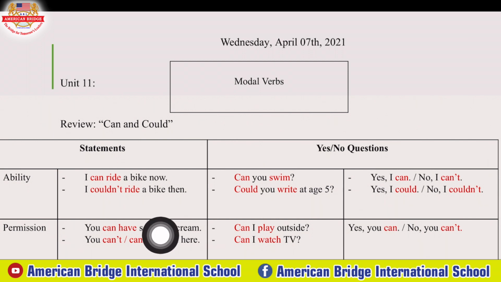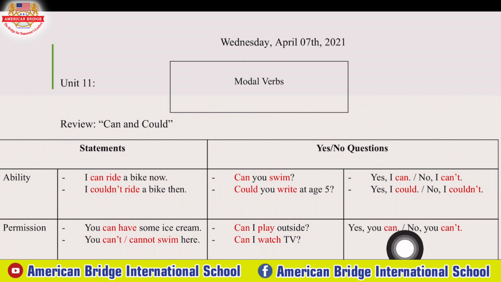And how about can and could for permission? If you want to give permission or ask for permission, you can use the word can as well. You can have some ice cream. You cannot swim here. Can I play outside? Can I watch TV?